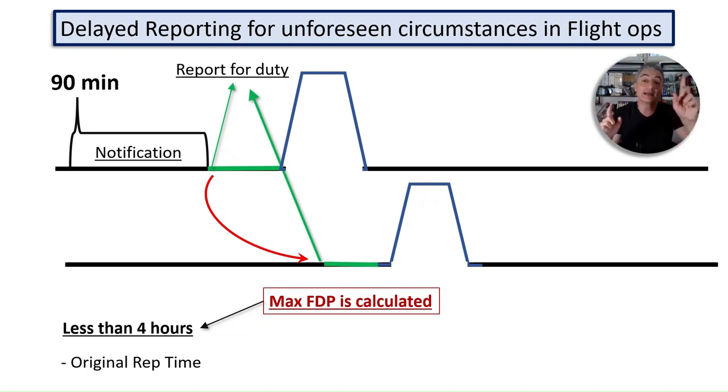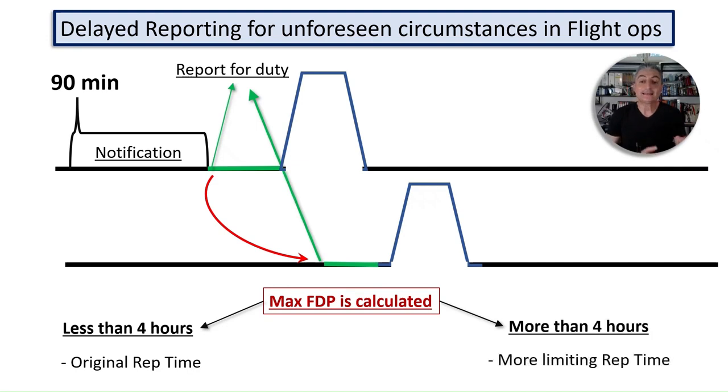That means in that table that I showed you in slide number 1, where we have the time of reporting and the number of sectors, even if now our reporting time is delayed, we enter this table still with the original reporting time, and therefore our maximum flight duty period is still the same as if we reported for duty at our original time.